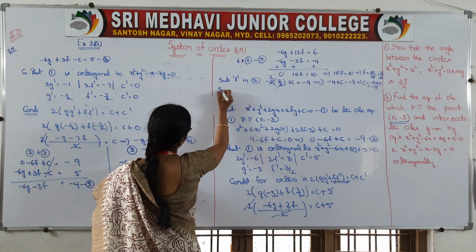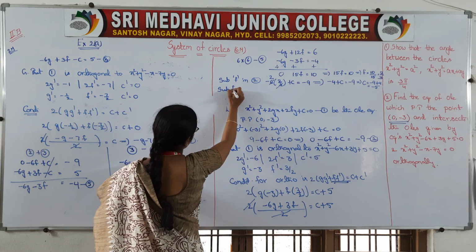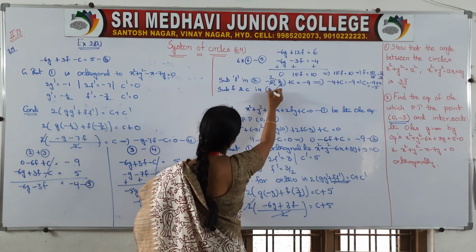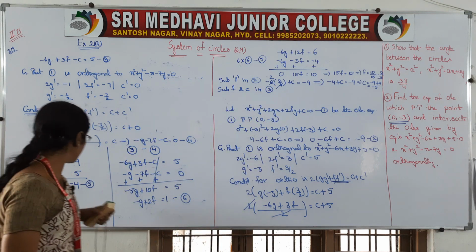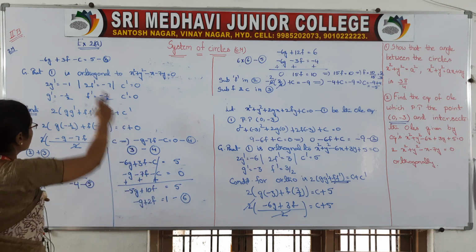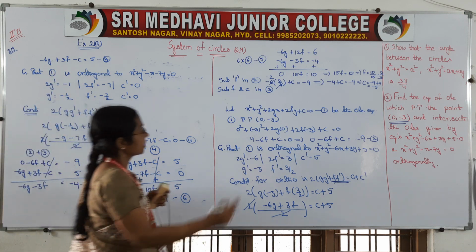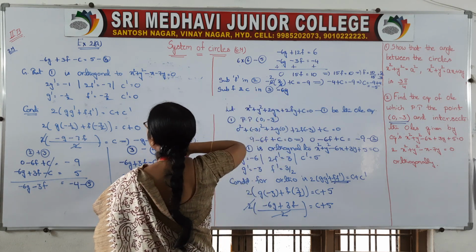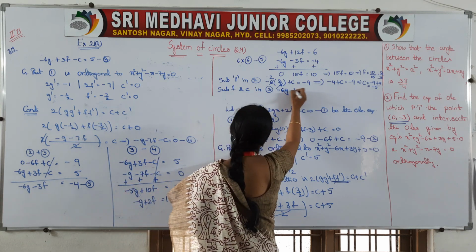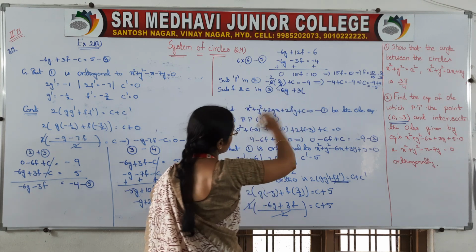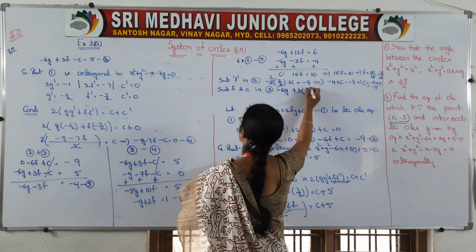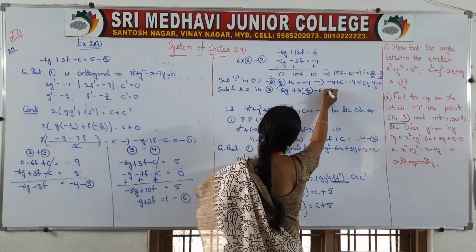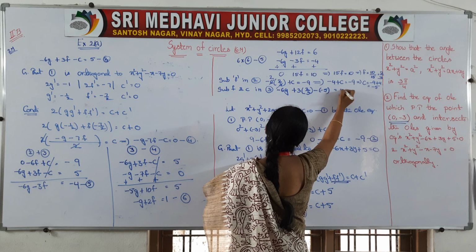So substitute f and c in any equation, say the third equation. Where is your third equation? This one. Minus 6g plus 3f. What is the f value? 2 by 3. Minus c, so minus minus 5 is equal to 5.